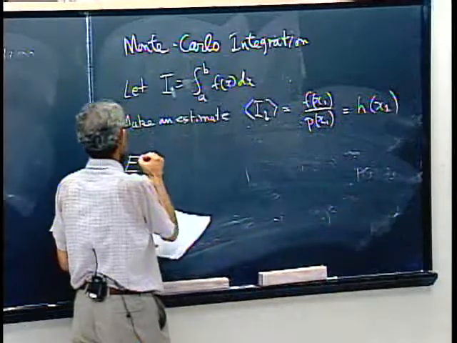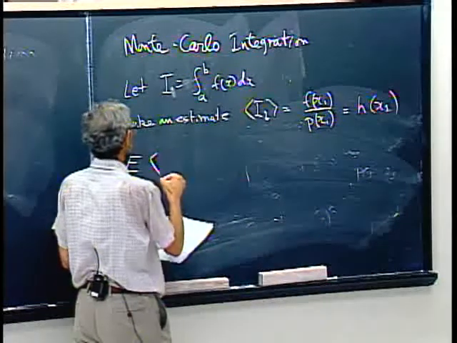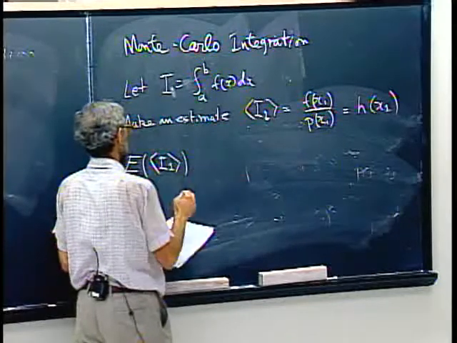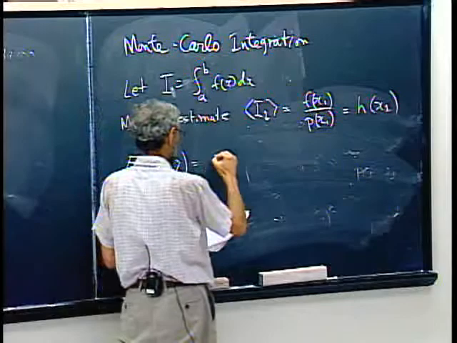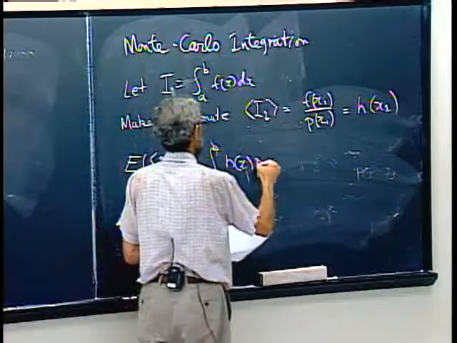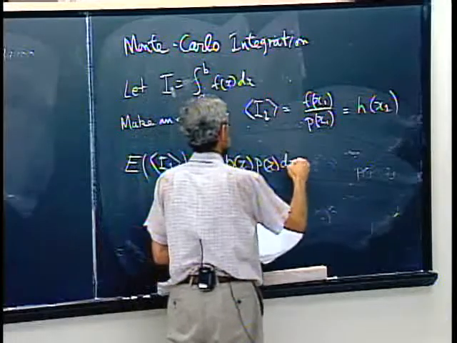Then the expectation of this estimate, I1, is the integral from a to b of h of x, p of x, dx.